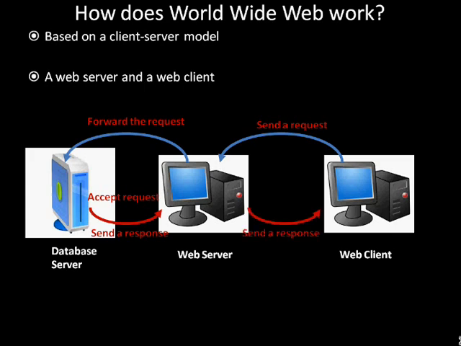The server and client programs can be found on the same machine, but most of the time they are found on two separate machines. A website is a collection of web pages linked to each other via hyperlinks. Each website has a unique address that identifies it.